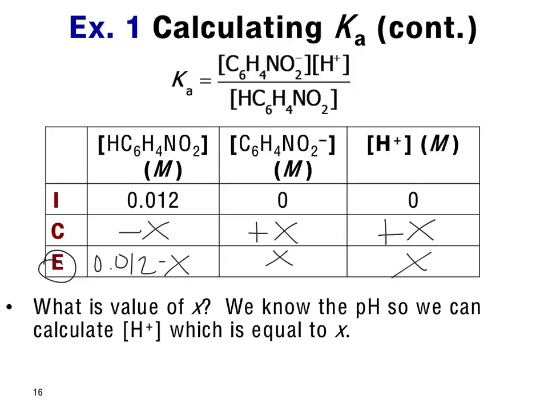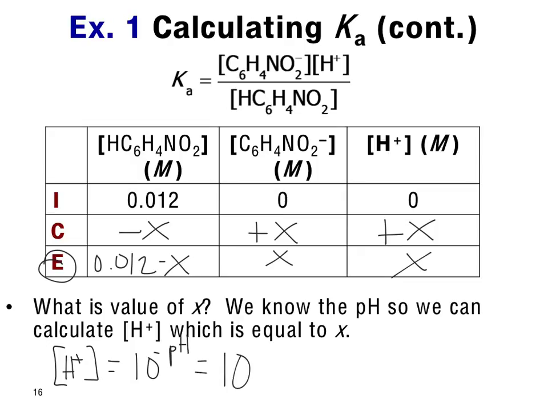So to find out what X is, in other problems you'd be like, well, we can't figure out what X is unless we know one of these, or we know K, our equilibrium constant. But we do know one of these. We know H plus because we know the pH. So to find the concentration of H plus, you take 10 to the negative pH.